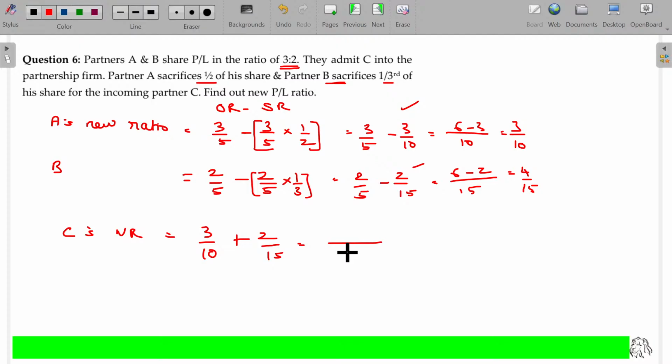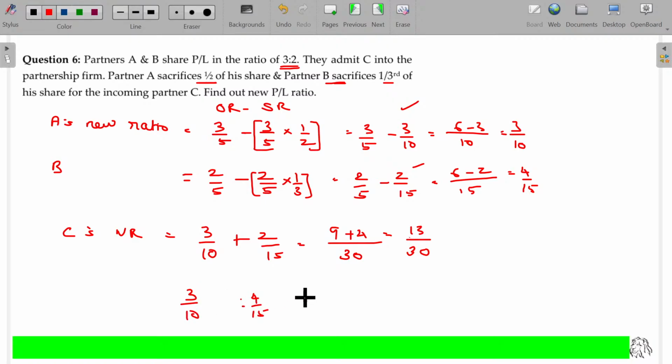Now you can take the LCM 30: 9 plus 4, 13/30. So the new ratio being 3/10, 4/15, 13/30.